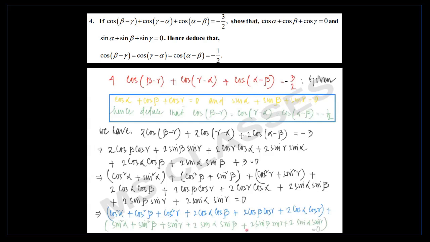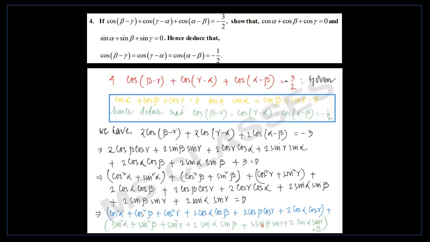So what we have done, we have taken all the cos together in one bracket, all the sine together in the other bracket. Now here you can think of it this way: a square plus b square plus c square plus 2ab plus 2bc plus 2ac. Similarly for the other. That means a plus b plus c whole square here also.